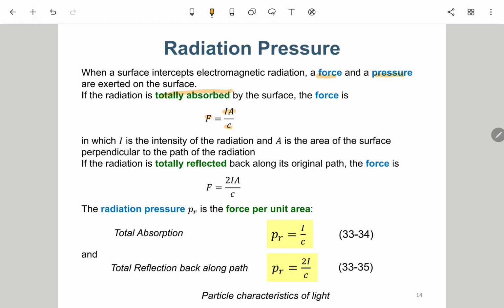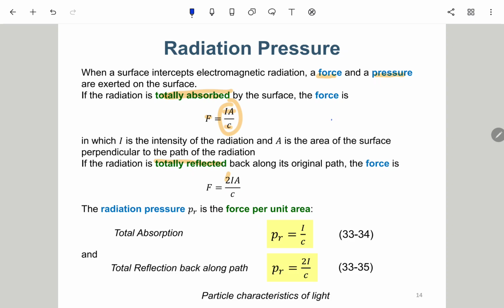IA over C. I don't try to elaborate too much, but anyway, if it is totally absorbed, it is this value. But if it totally reflects, it will be 2 times. The idea is very simple.